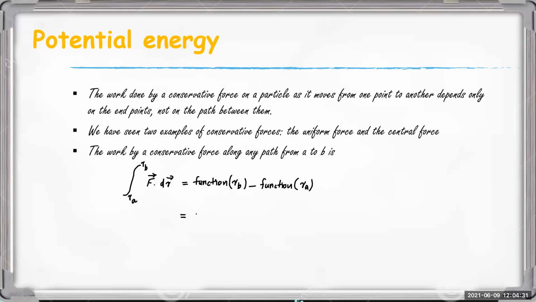Let us write this as equal to minus U of RB plus U of RA, because here I take the function as minus U. The reason for the negative sign will be clear in a moment.